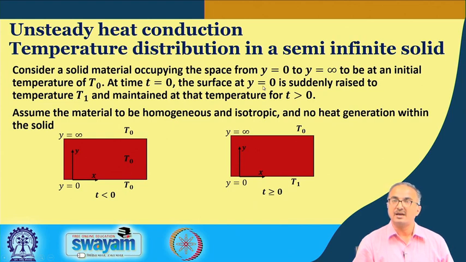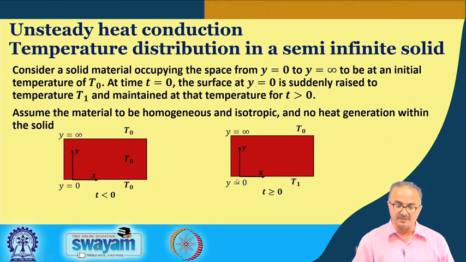At y equal to 0, for time t more than or equal to 0, the surface is given a temperature of T1. It is not mandatory that we raise it; it may also be lowered. So, it can go either way.